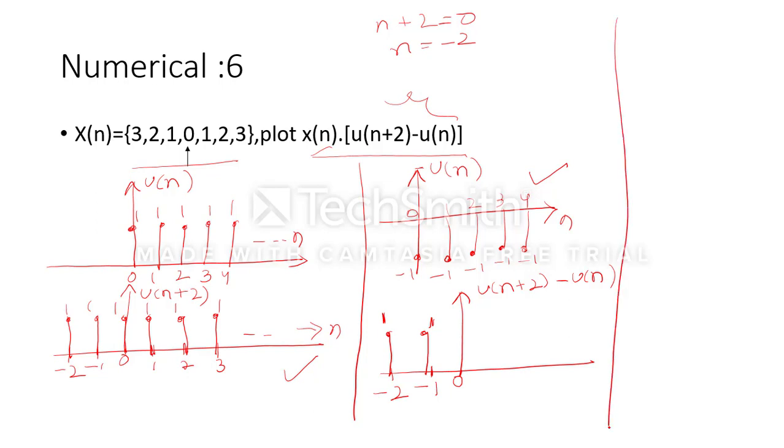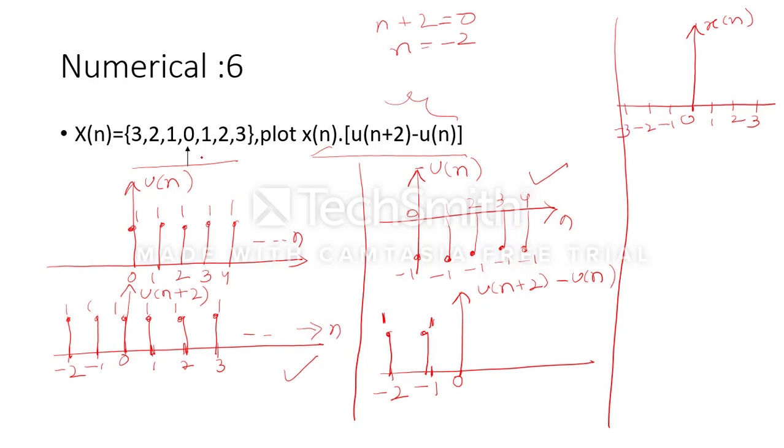And we know xn, if we plot xn: 0, 1, 2, 3, minus 1, minus 2, minus 3.